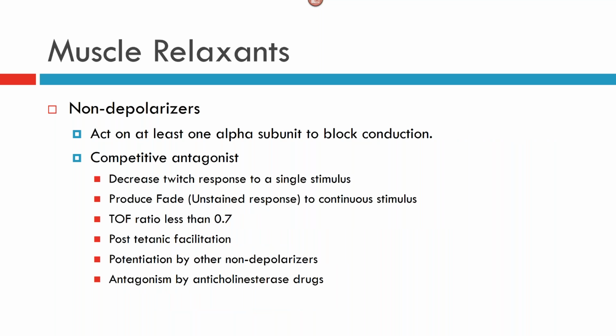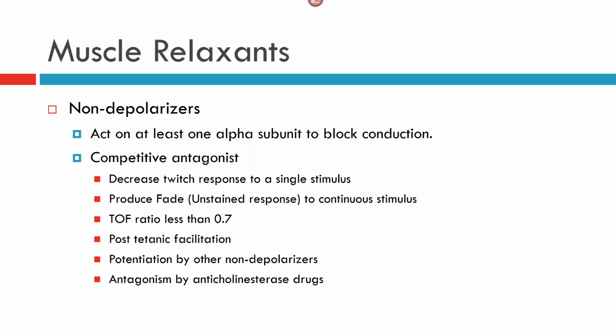If we move to the phase 2 block, it resembles the non-depolarizer blockade. The non-depolarizer acts on at least one alpha subunit to block conduction. Compared to the depolarizer, which causes a depolarization wave before the release of acetylcholine, with non-depolarizers there's no receptor to take up that acetylcholine. Vecuronium and rocuronium are all competitive antagonists.